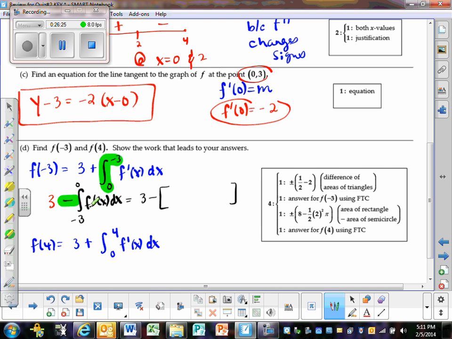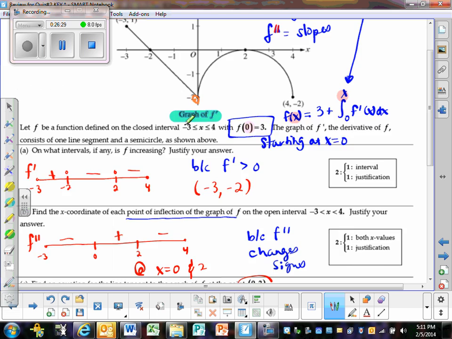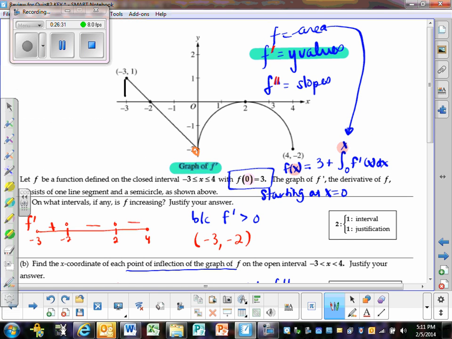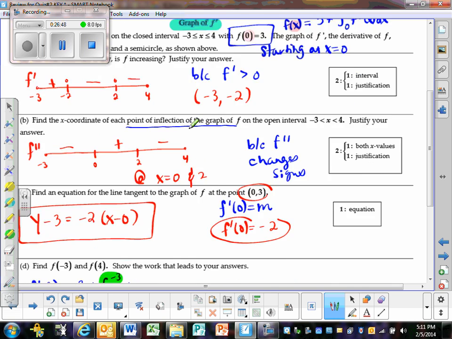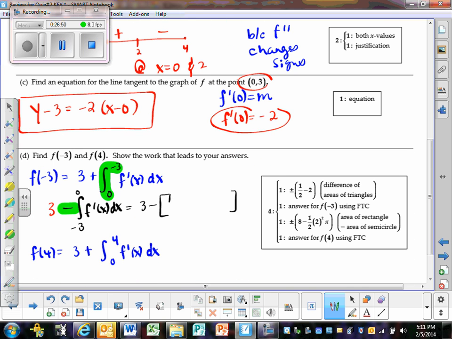So if I go up just to get the geometry from negative 3 to 0, I'm going to look at this. So this triangle is 1/2 base times height, so it's actually a half. The larger triangle is also 1/2 base times height, so it's a 2. Because the half is above the x-axis, it's positive. The 2 is below, that's a negative. So I'm going to substitute that in as a half minus 2.